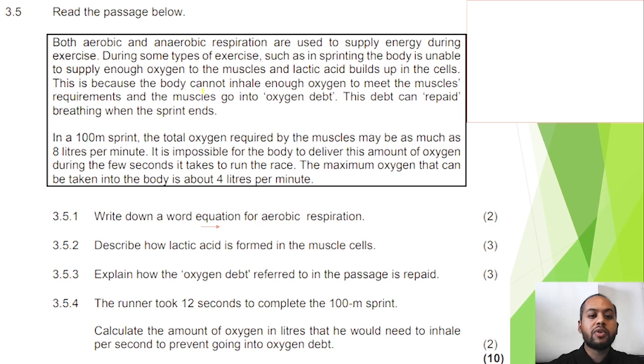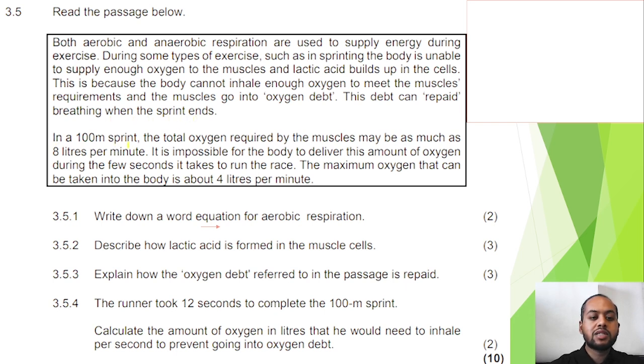This is because the body cannot inhale enough oxygen to meet the muscles' requirements, and the muscles go into oxygen debt. This debt can be repaid by breathing when the sprint ends.